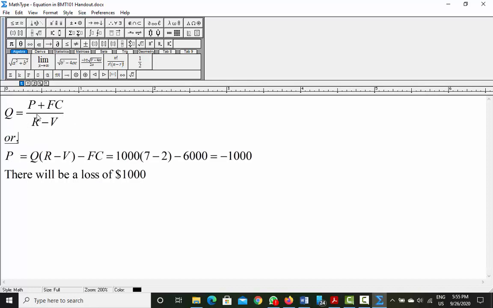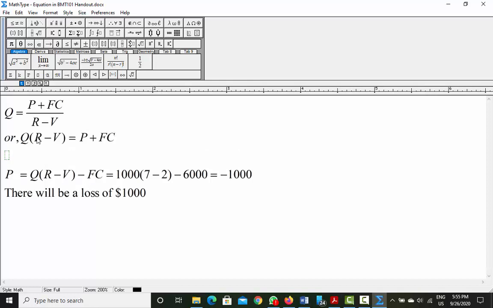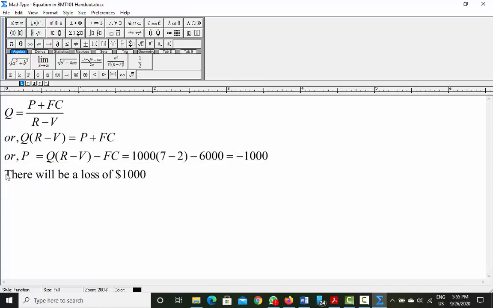Now, if you do cross multiplication, we will have Q multiplied by R minus V is equal to P plus FC. Now P will be equal to, if you bring FC to the left hand side, Q into R minus V minus FC.